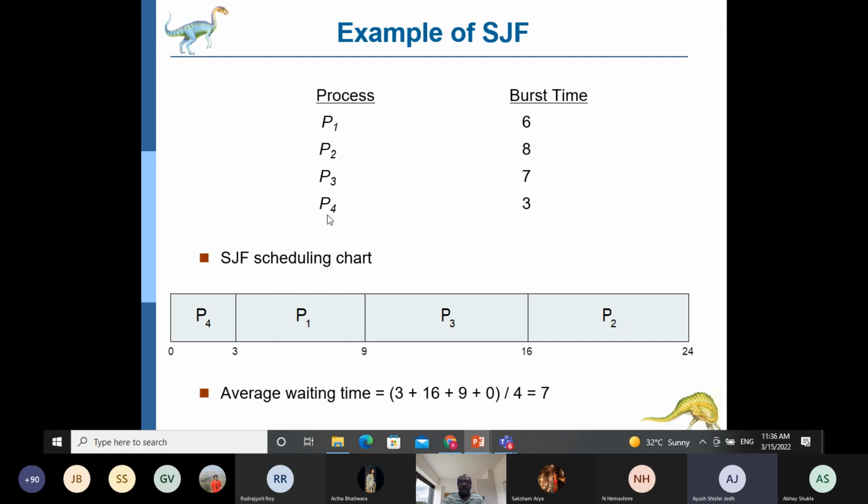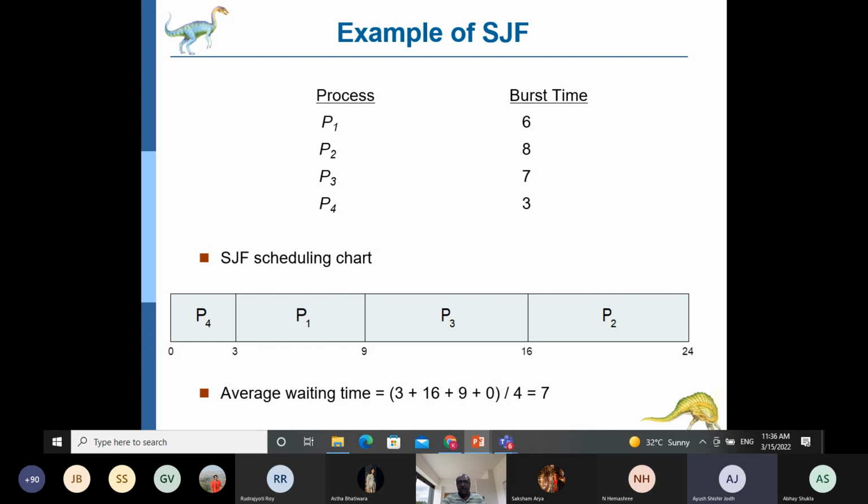So for its completion, the waiting time will be 6 plus 8 plus 7. For other processes, P1 will be 0, P2 will be 8, and P3 will be, not 8 plus 7, but 8 plus 6. So this is the shortest job first.